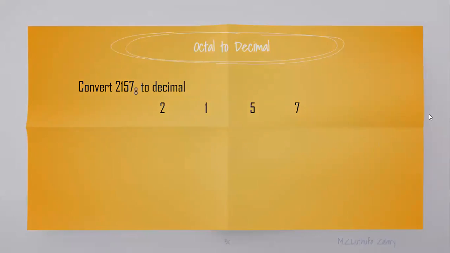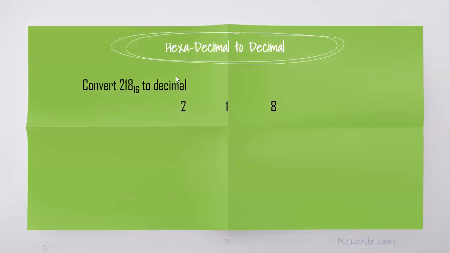So that was octal to decimal. Now we are moving to hexadecimal to decimal. Same thing here, we are using the weighting factors, but the weighting factors of hexadecimal are 16 to the power 0, 16 to the power 1, and 16 to the power 2. So this is 1, 16, and 16 to the power 2 is 256.